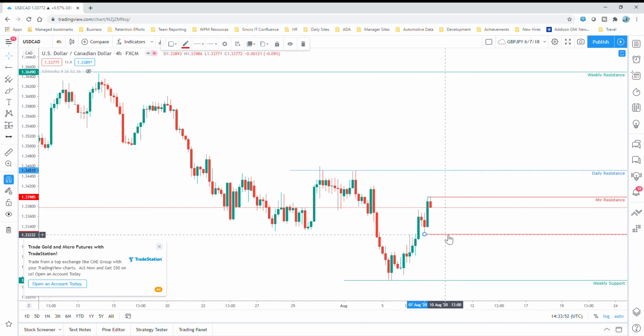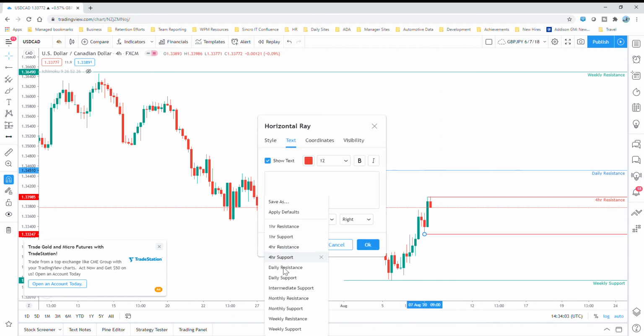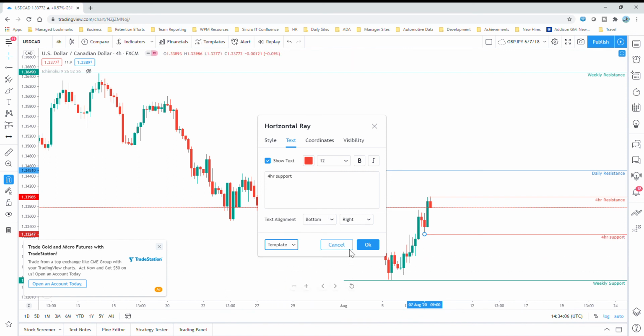And we'll take this area here, right? If you look left, you see this zone here is a nice area for us to watch. Okay, it's a 4 hour support.